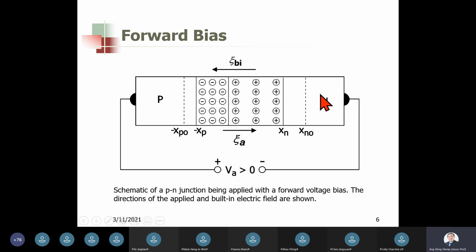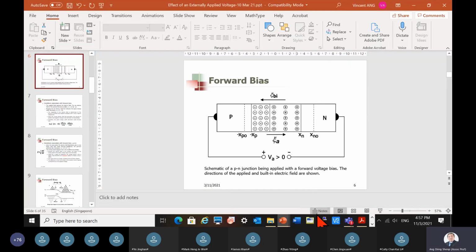Similarly, the concentration of excess holes in the N region is very small, smaller than 10% of the electron concentration here. Then we can still regard the P and N regions as neutral. But since they are strictly not neutral, we call them quasi-neutral regions. So that is the meaning behind the term quasi-neutral region.